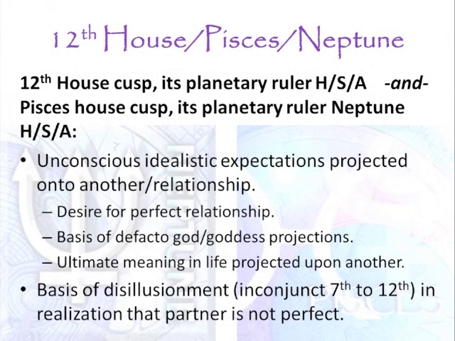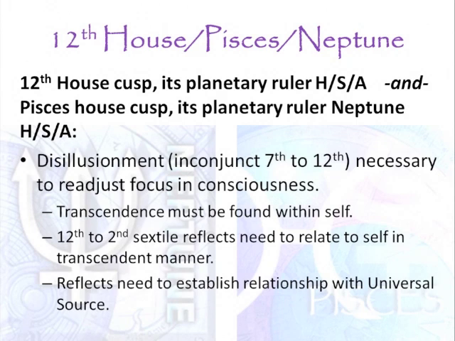And this also comes from, again, that ability or that polarity of the 6th house to the 7th. And so what we're going to find then is that the disillusionment is necessary.